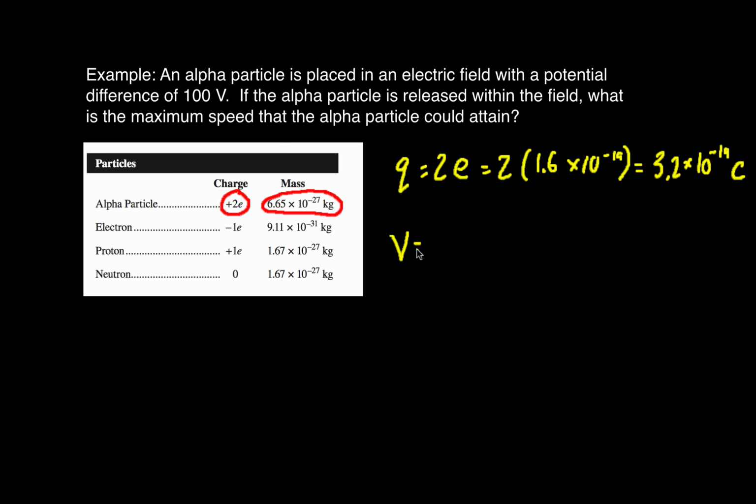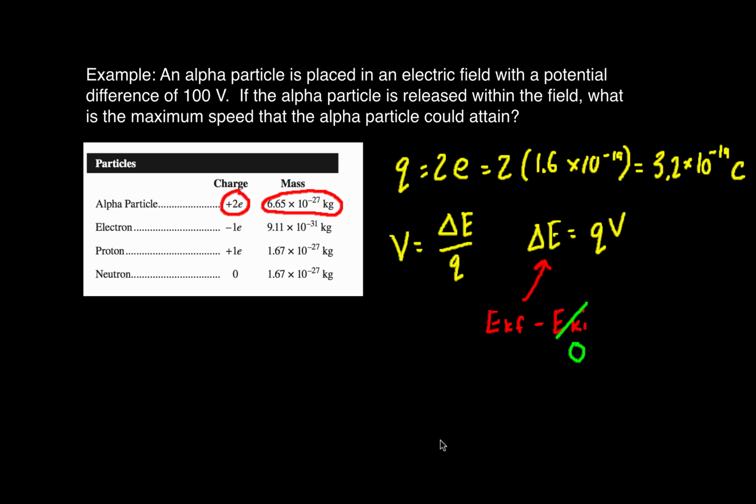Since voltage is equal to change in energy over Q, we can find the change in energy to be equal to QV. Now, the change in energy is the EK final minus the EK initial. But since the particle was originally just released, it was originally not moving, which means its initial kinetic energy is 0.